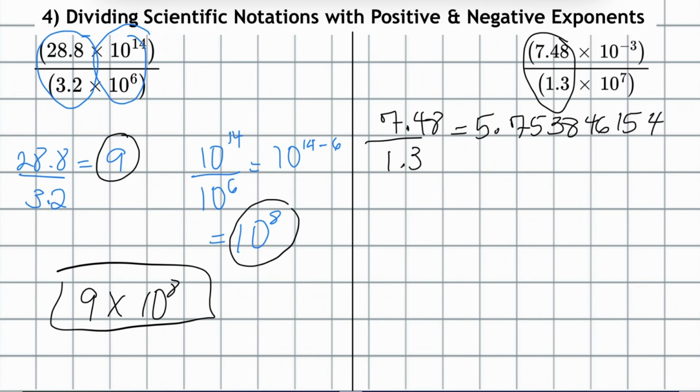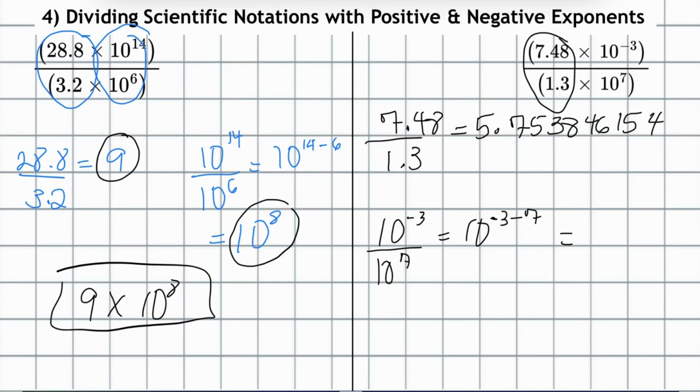Now we can focus on the portion that contains exponents, and we can say that 10 to the negative 3 divided by 10 to the 7 is equivalent to 10 to the negative 3 minus 7, because we are subtracting, right?